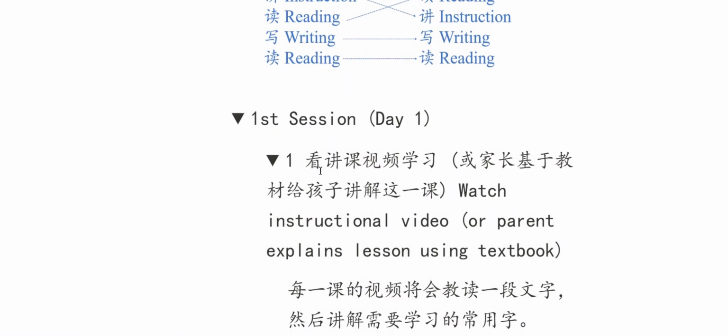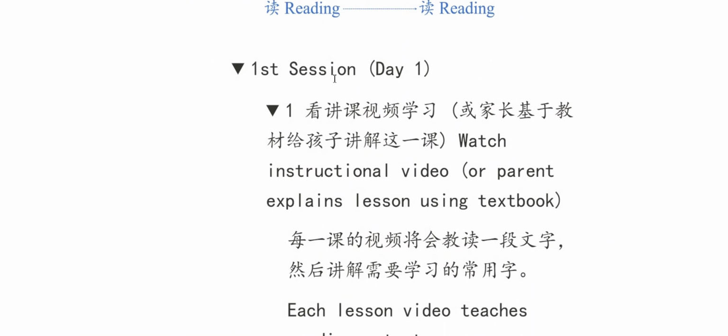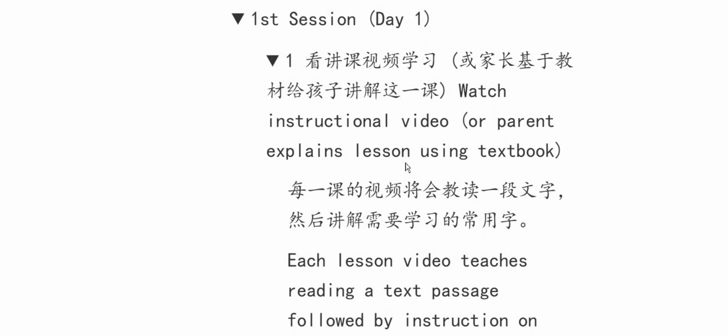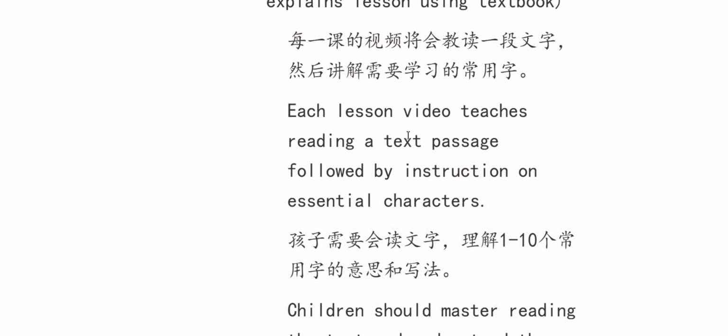Let's have a look at some details. For learning for the first time, we will call it the first session, day one. The first step is to watch the instruction video or have the parent explain lessons using the textbook.